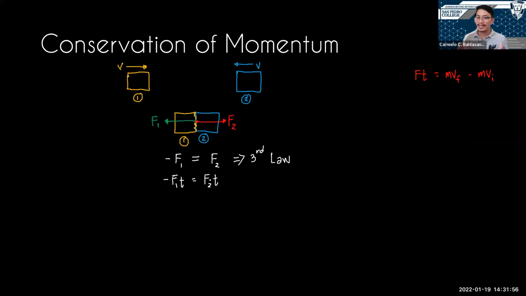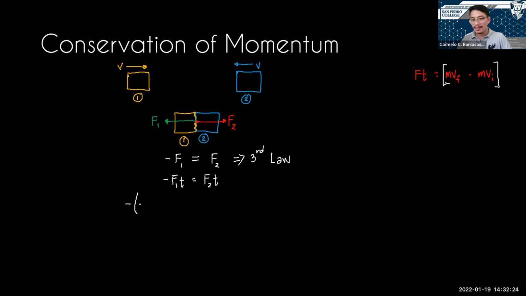Okay, because they both collided. Clear? But what is force times time? Remember, force times time is just mvf minus mvi. Do you follow? mvf minus mvi. So on this side, we put a negative because that's negative.